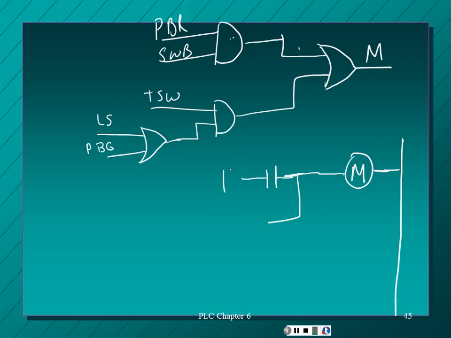So, how many legs do I have on the front? 2. So I have two inputs in that branch. So we call these PBR and SWB.